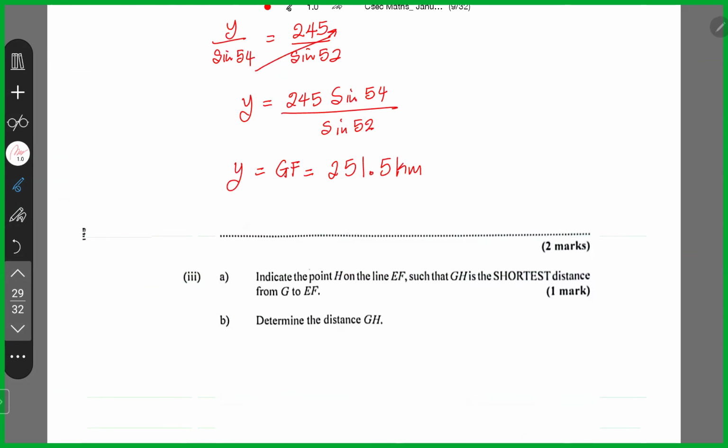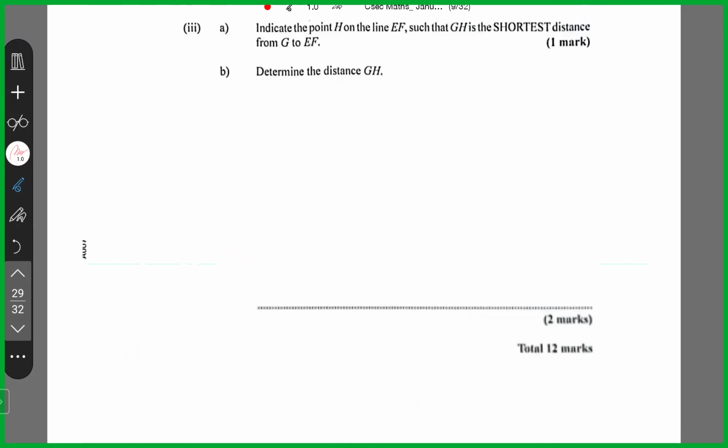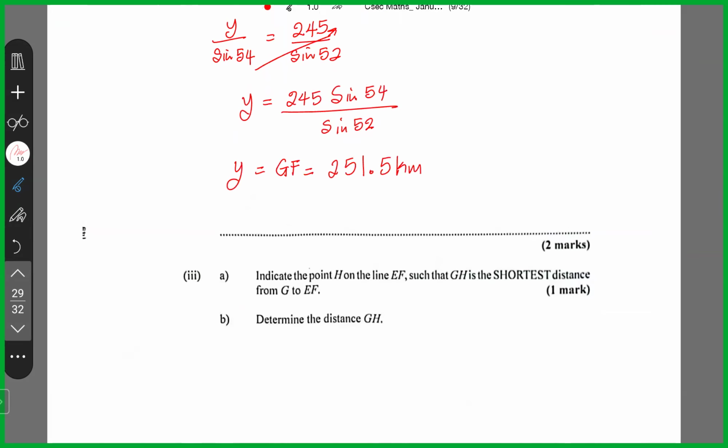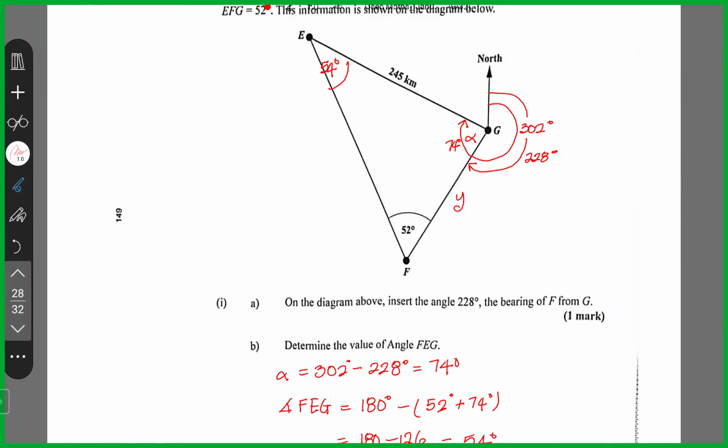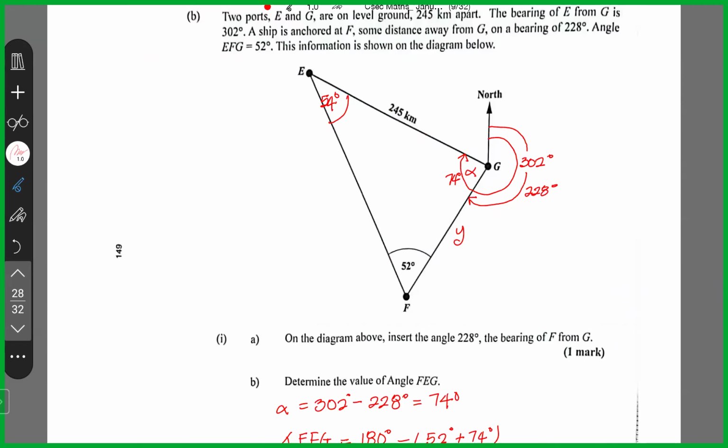All right. Part three says, indicate the point H on the line EF such that GH is the shortest distance from G to EF.